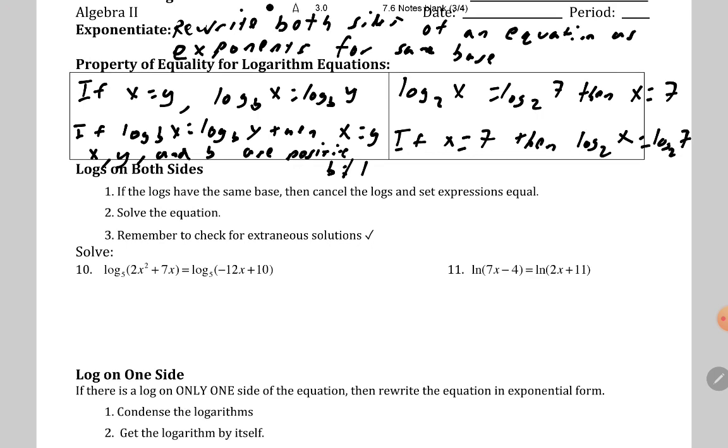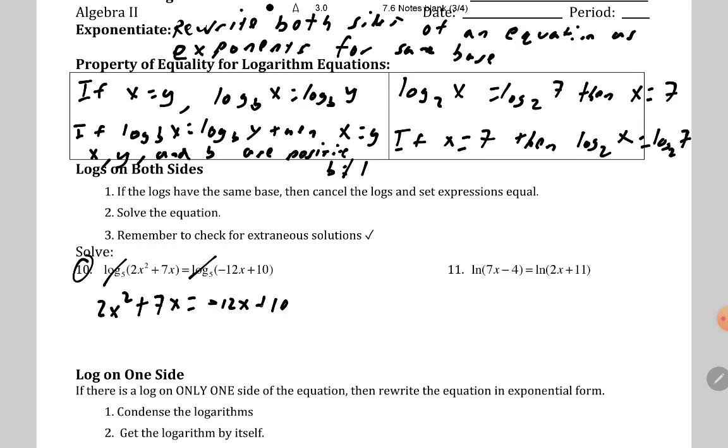So let's see. We have this problem here. Log base 5 of that mess equals log base 5 of that mess. Now what it says is we can just cancel those, and we're left with the insides. So this looks like a quadratic equation.